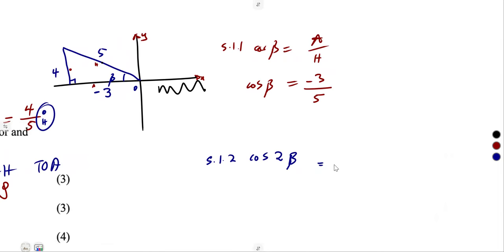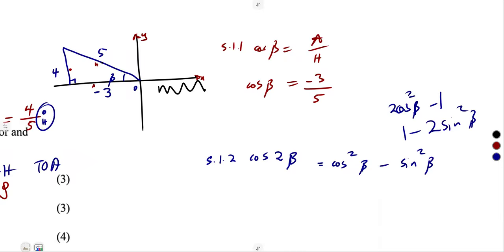So cos 2 beta is going to be given as cos squared beta minus the sine squared of beta. If I use the first identity, you can use 2 cos squared of beta minus 1. You can use 1 minus 2 sine squared of beta. Any one of these 3 identities.